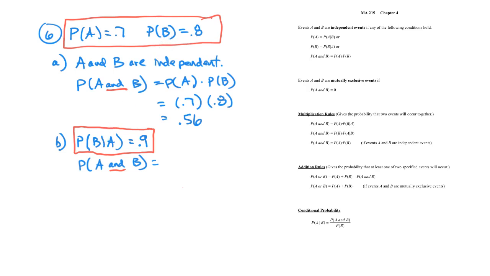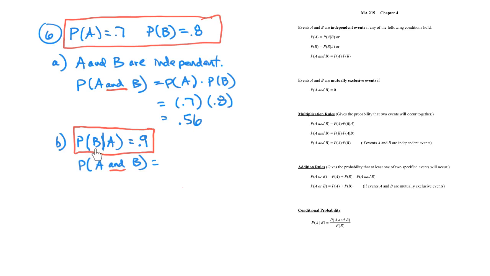But look at this. The probability of B happening given that A happened, this is a straight up vertical line here. The probability of B given that A happened is 0.9. So something about A, when A happens, it makes B more likely, right?